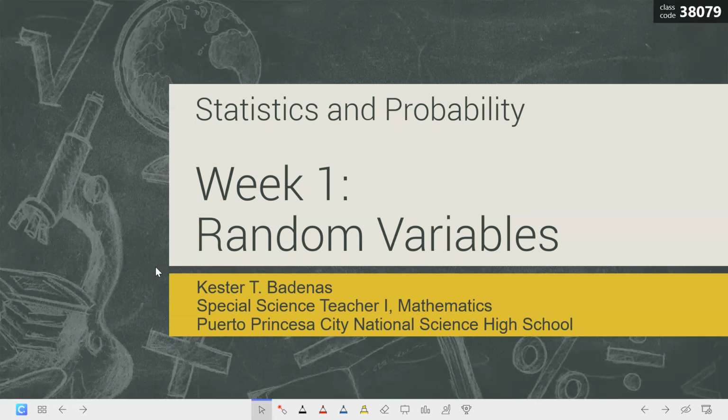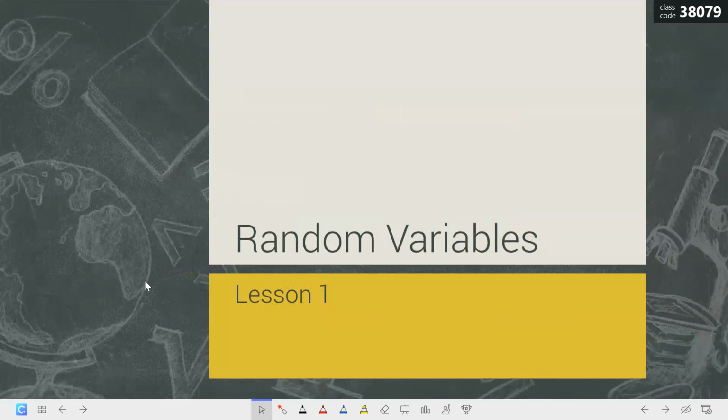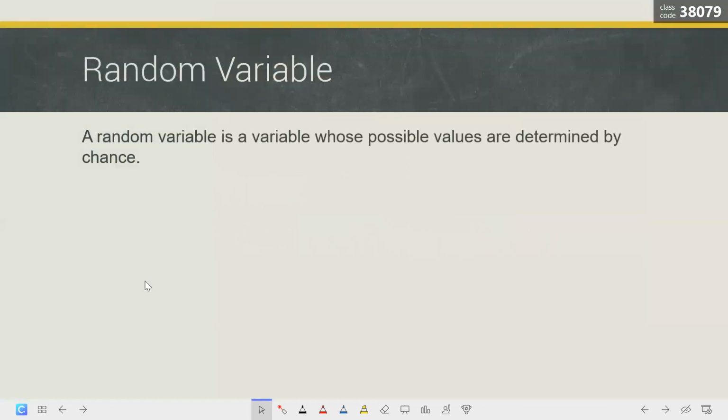Okay, so earlier I let you define what is a variable. Now, when we say random, what is your own understanding when you say random? What comes out of your mind when you hear the word random? Anyone? Yes, Marga. Not specific po.